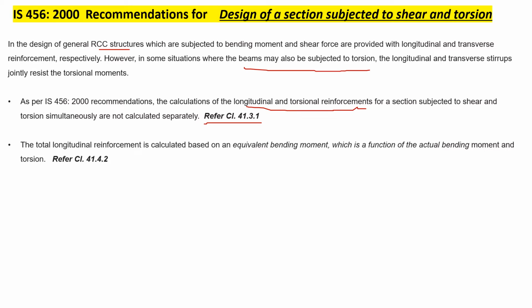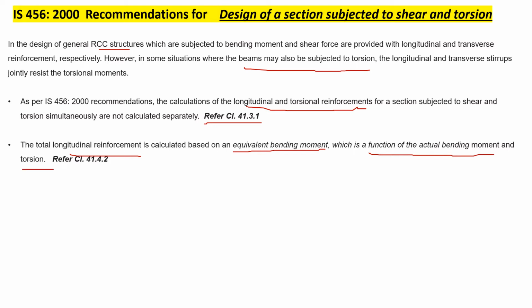Now the total longitudinal reinforcement is calculated based on the theory that is known as equivalent bending moment. That means we are going to calculate an equivalent bending moment where we include the flexural movement as well as torsional movement, and this equivalent bending moment is a function of actual bending moment and torsion.